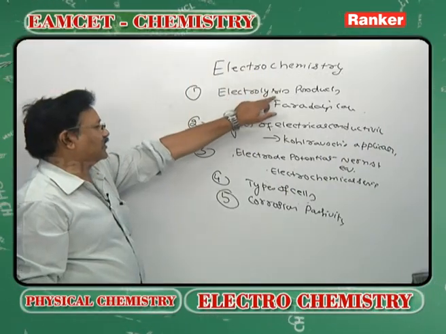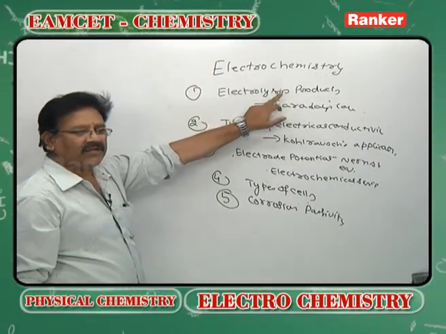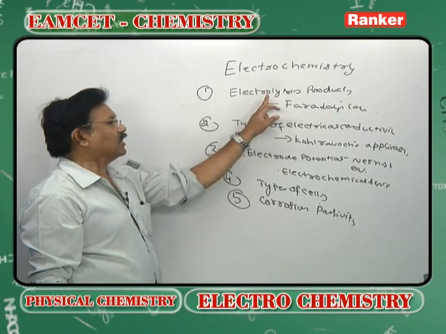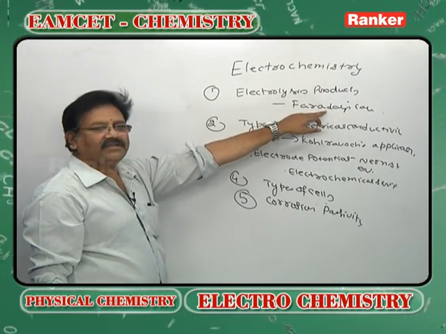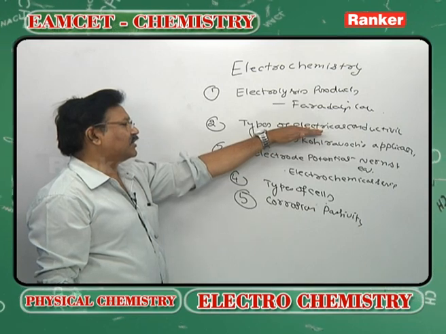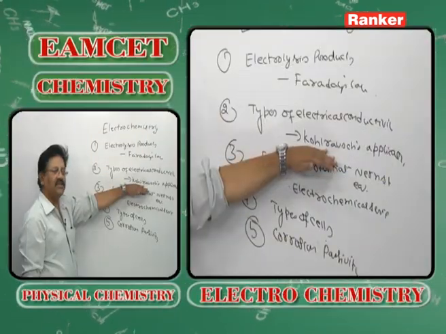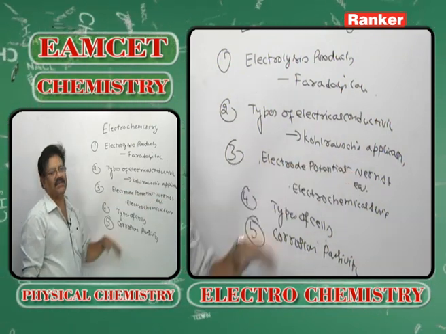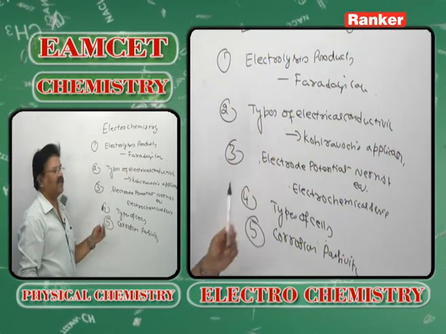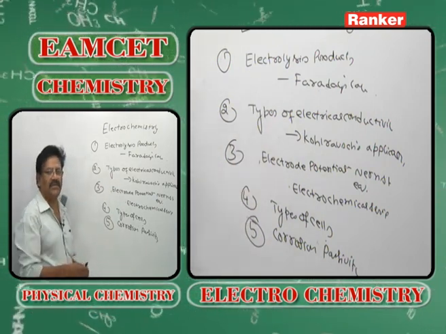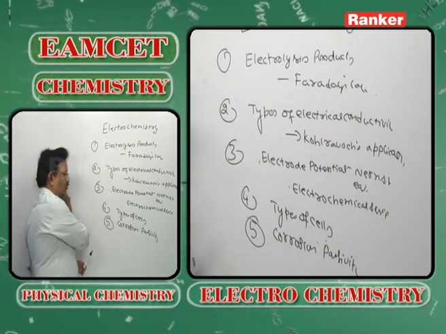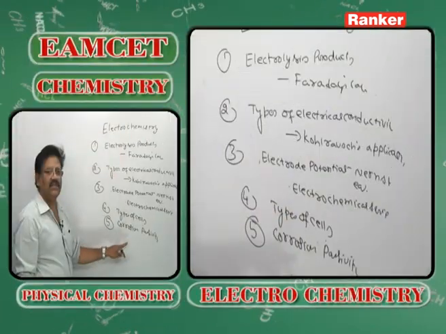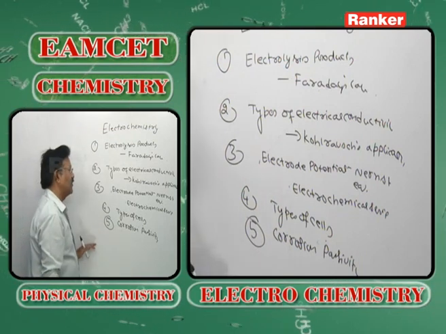In the first 3 topics, electrolysis products and applications of Faraday's laws, types of electrical conductivity and Kohlrausch law applications, electrode potentials, Nernst equation, and applications of electrochemical series, we can expect theoretical as well as numerical questions. In the 4th and 5th topics we have to focus on theoretical questions.